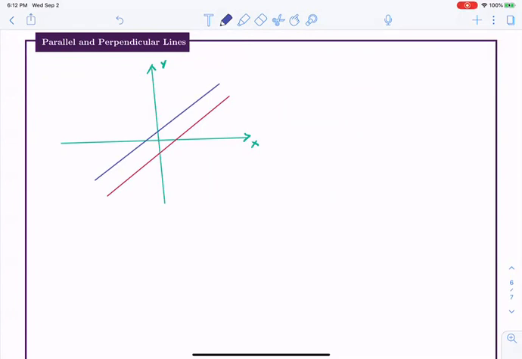And clearly, by looking at it, they are going in parallel in the sense they cannot intersect.